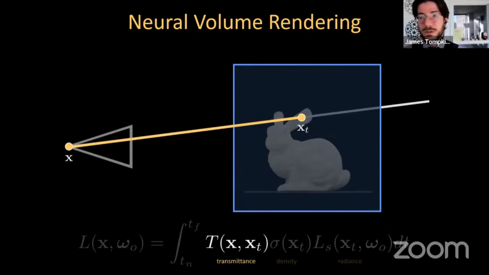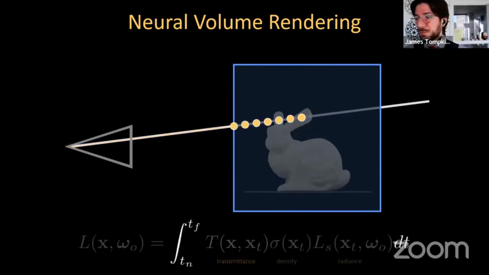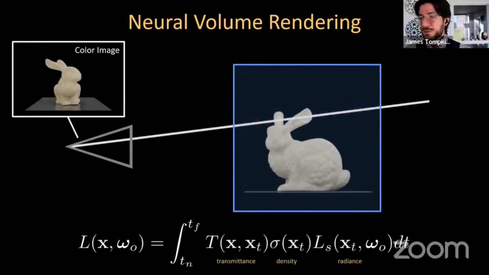We call this the transmission. So you can think of this as saying, if there was stuff in the way of point X, then this transmission term would be low. It would block the light coming through. So I do this for all of the points along the ray, and I accumulate this transmission term as I go. And that produces a final color for the pixel as output.